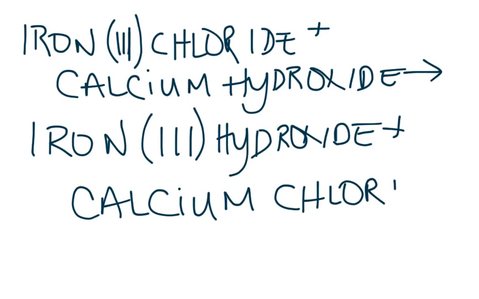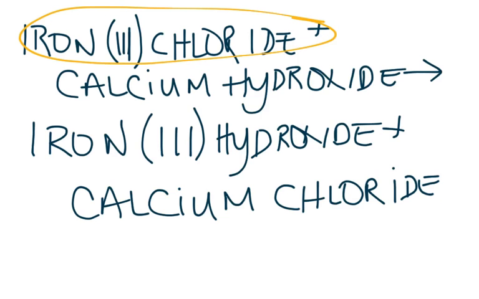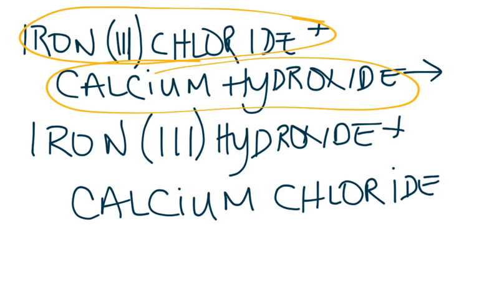The kicker here is I don't see any formulas, I don't see any numbers, which means you have to find the formulas. So now we've got to go back to this whole discussion of ionic and covalent compounds. We have to remember how to take iron 3 chloride and turn it into a formula, and how to take calcium hydroxide and turn it into a formula. That's really the focus of what we're doing.